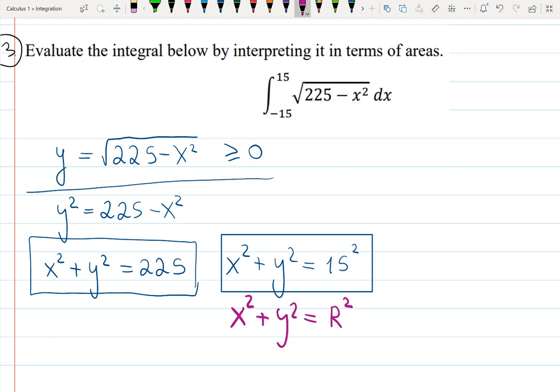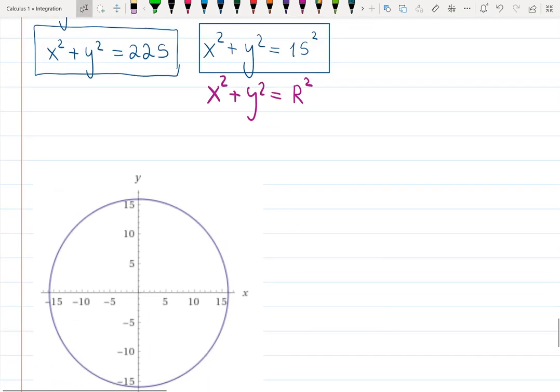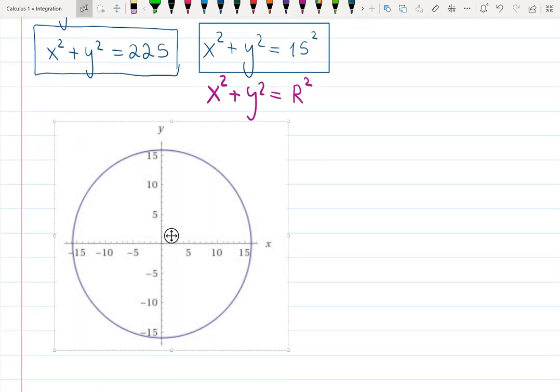Since we've got 225 on the right-hand side, radius is 15. The graph of the circle looks like this. For this concrete circle, it's centered at 0 because x squared plus y squared, and the radius is 15: 15, minus 15, minus 15.